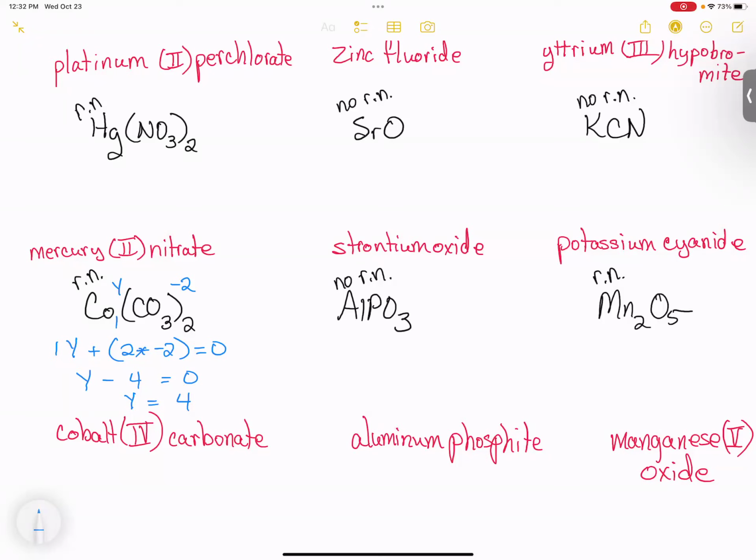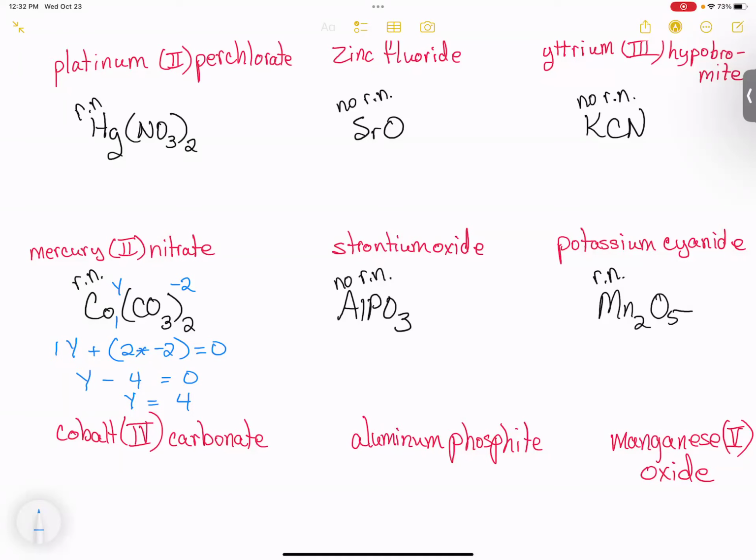Just ask, and I'm trying to figure out where I'm going to try to get through some of the confusion. Cobalt is element number 27. Since it is not one of those that you had to memorize, you needed a Roman numeral. You're always going to know the charge on the anion. And so it just happened to be that one of the anions you're supposed to know is carbonate.